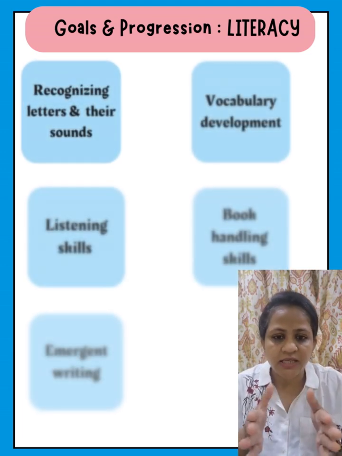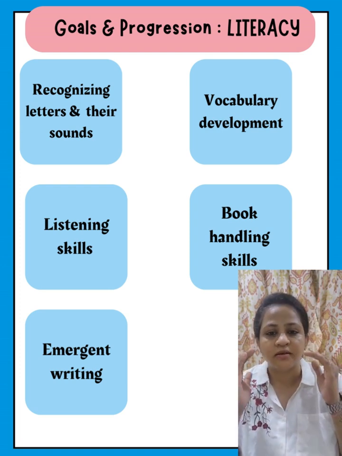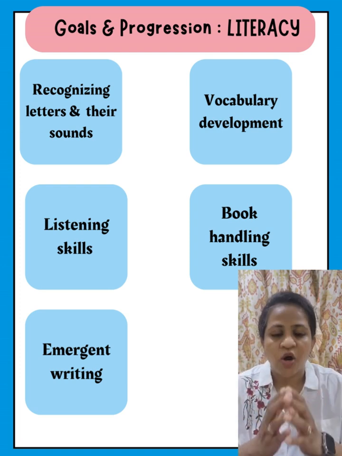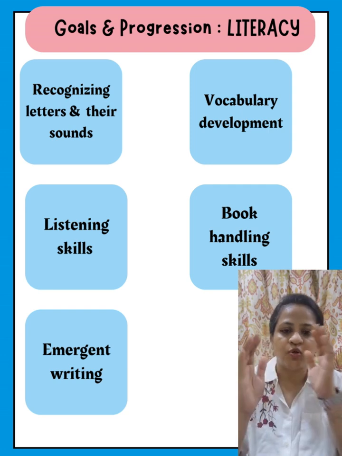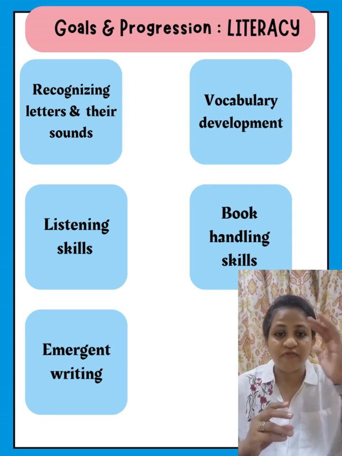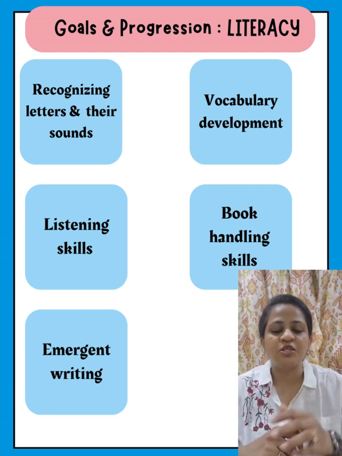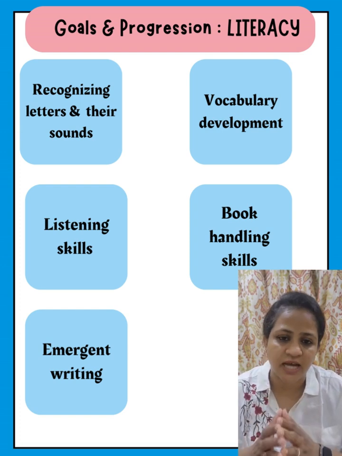The concepts and ideas in this domain have been designed around particular goals, and I've sorted these goals into five categories. The very first goal is the recognition of letters and their sounds.